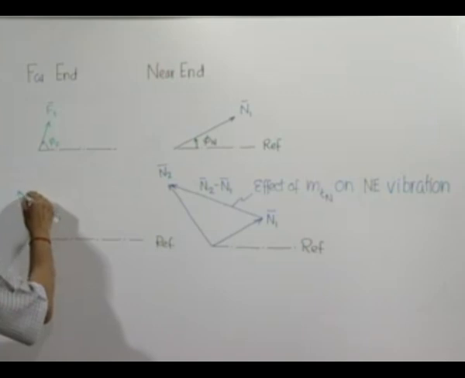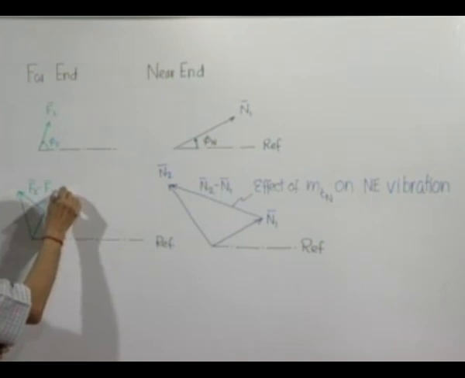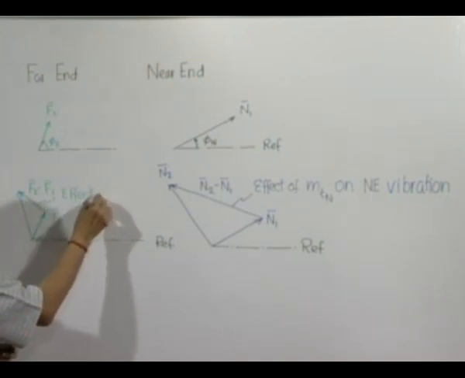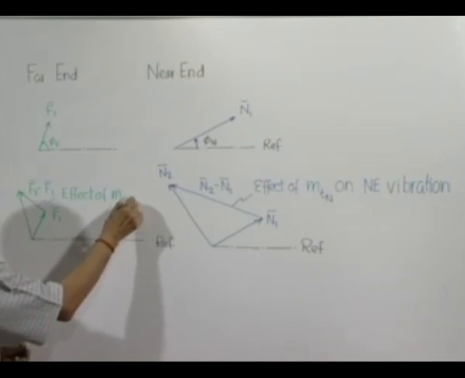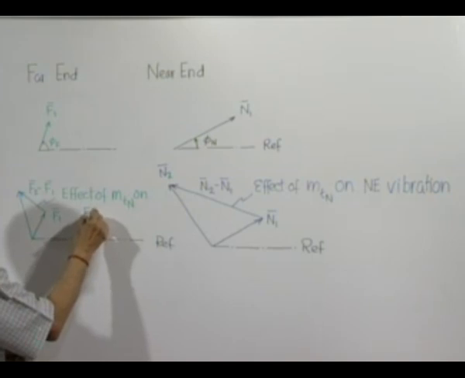Therefore, the increase, that is F2 minus F1, represents the effect of MTN on far end vibration.